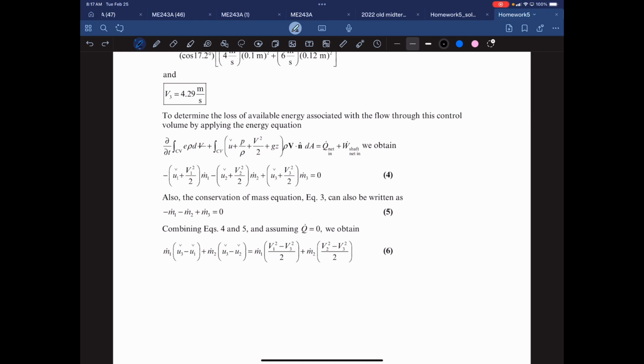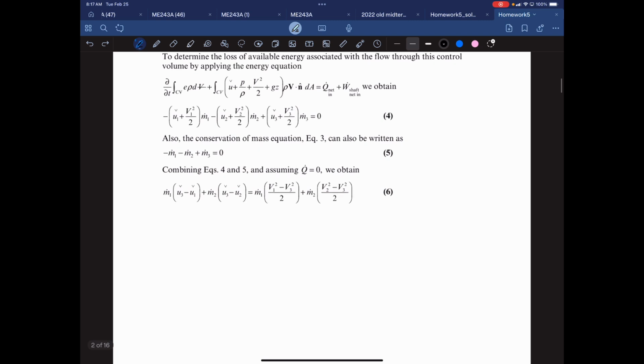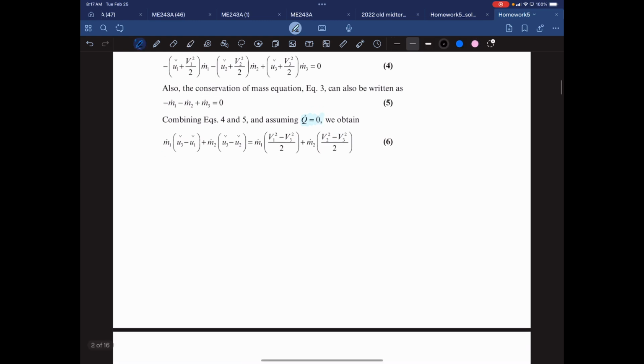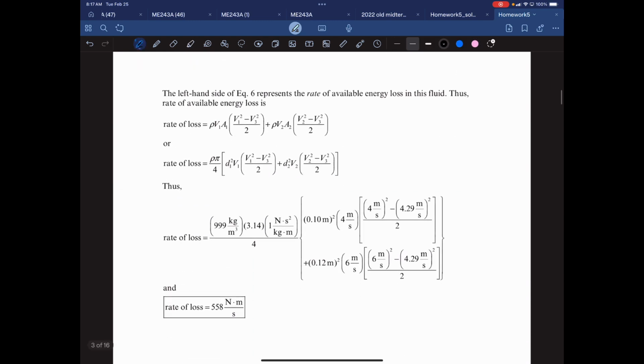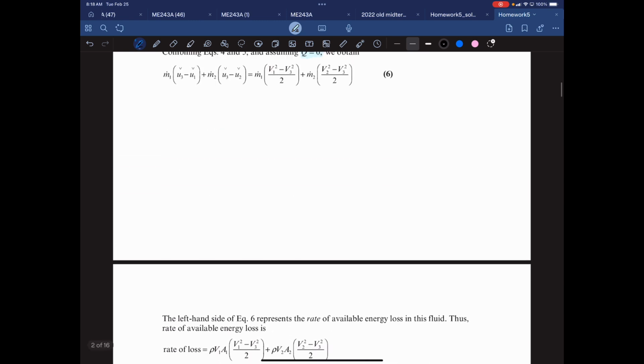So to determine the loss of available energy associated with the flow through this control volume, we apply the energy equation and the conservation of mass and assume Q dot is 0. I can add this step actually. And that lets you get the rate of available energy loss on the left hand side.